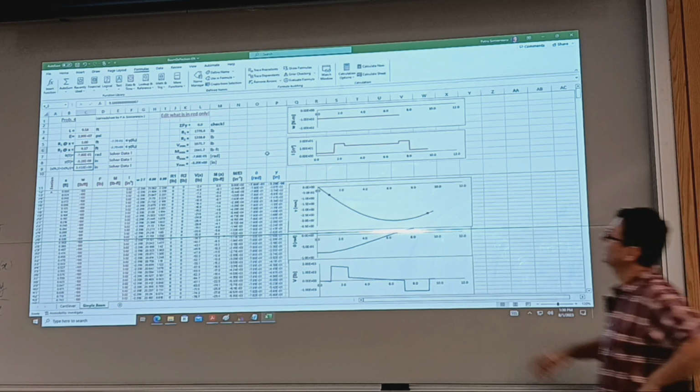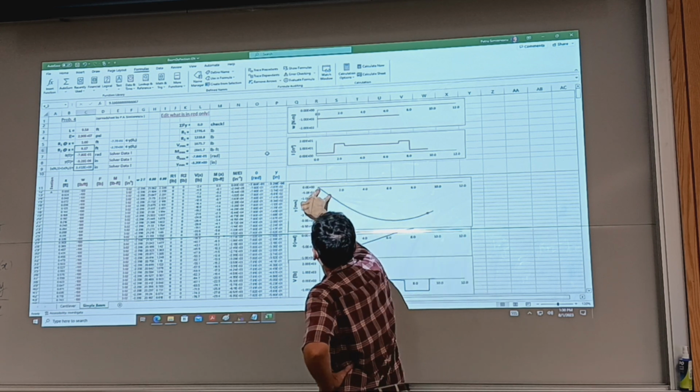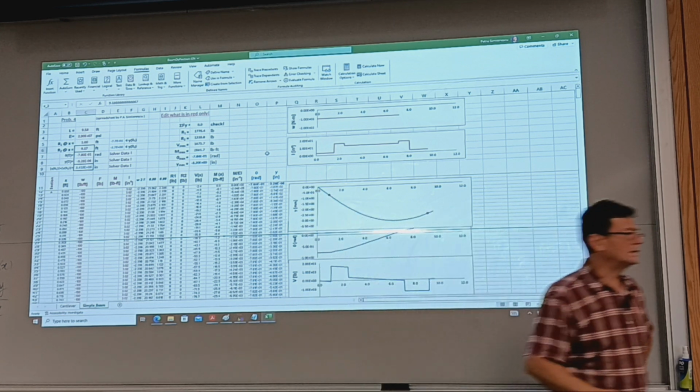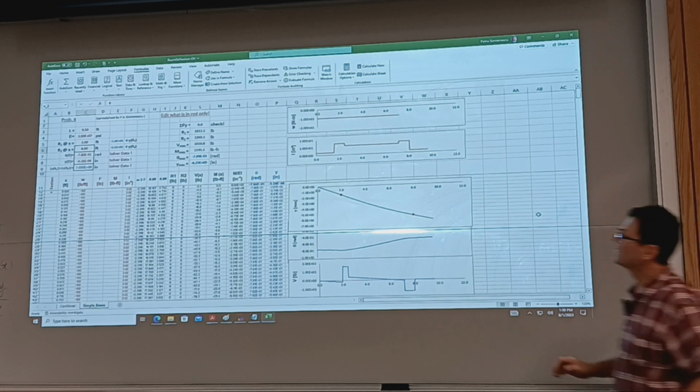So diagrams changed. So this is where the support is. So I have overhang. I can move the other support further in. So I can make this like 8. And I can make this 2 to make it more dramatic. All right? Diagrams changed.